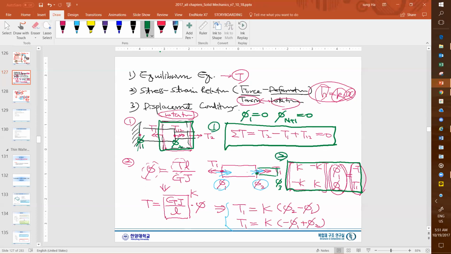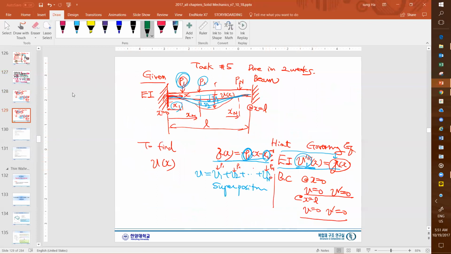This is the second, the torsion and rotation equation. And this is the third step, the displacement condition. Okay. Now let's extend this three-step approach to the next one.